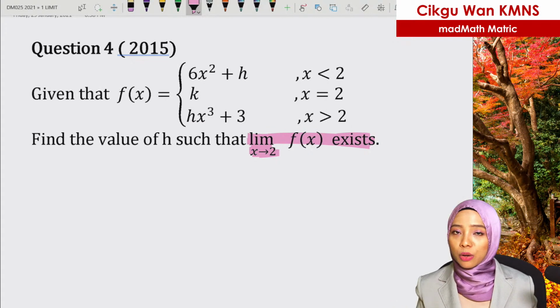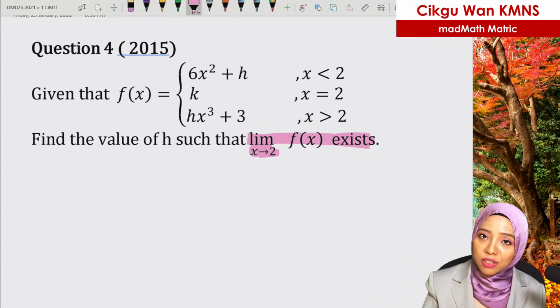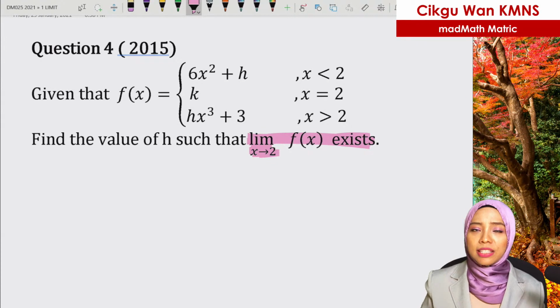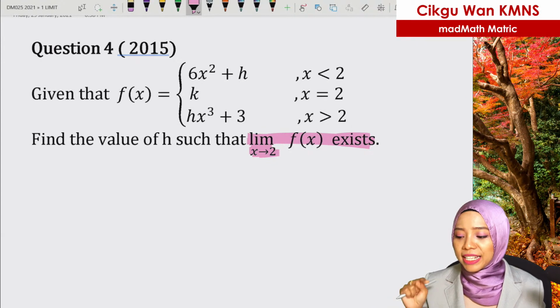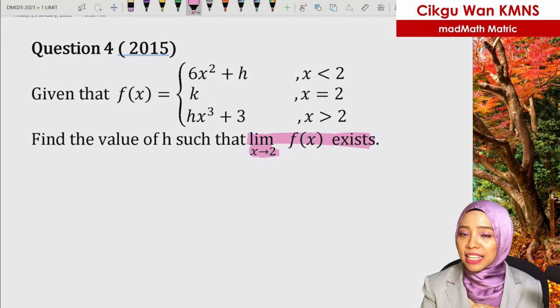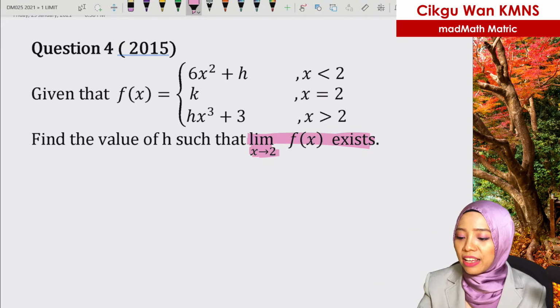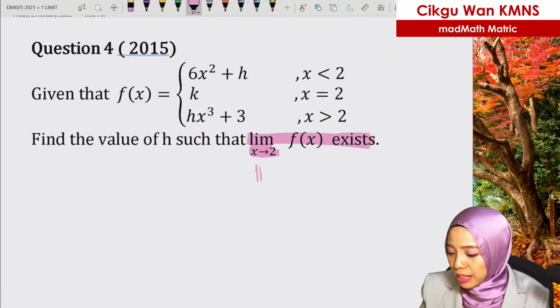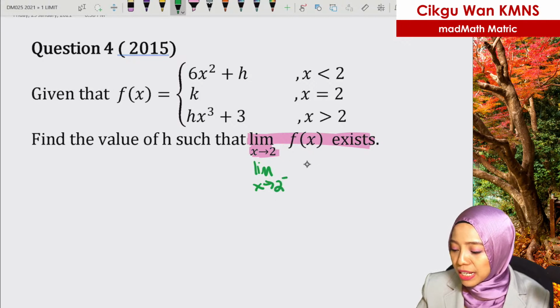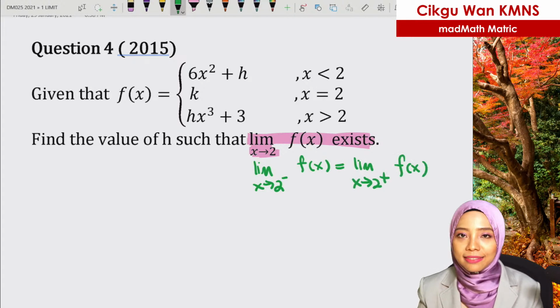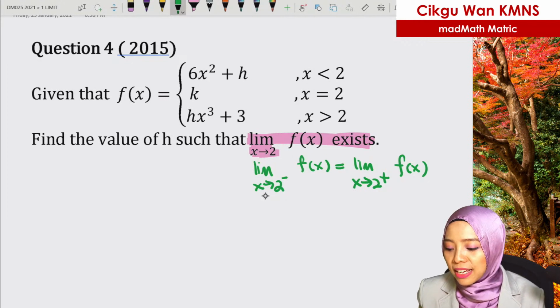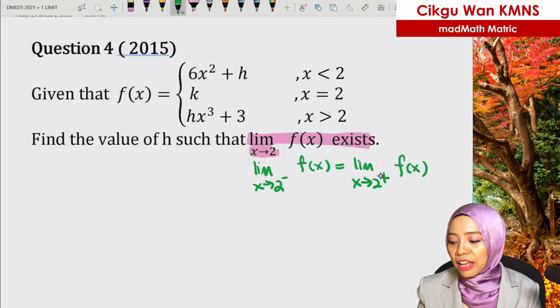Sebelum ni, the question asks you to check whether the limit exists or not. If it exists, state the values. But now it's already stated that f(x) exists. So what you have in mind, if it exists, limit x approaching 2 from the left must be equal with limit x approaching 2 from the right. Kenapa sekarang kita pisahkan dia to the left and to the right?